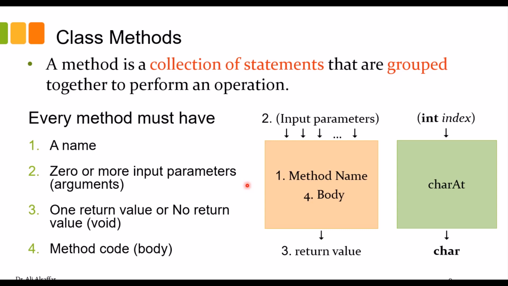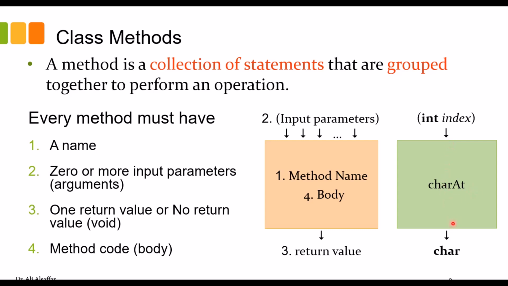An example of a method that you are familiar with is charAt. This method belongs to the String class. So the name of the method is charAt, this is number 1. And it needs one input parameter, which is the index. And you remember how it works, charAt: you give it an index, and it will give you a character.